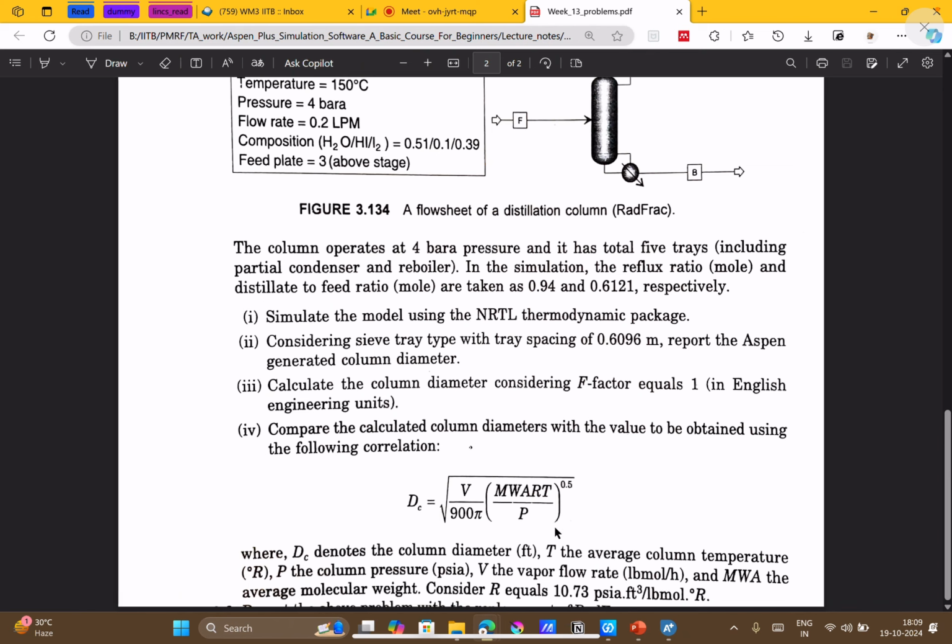It's a correlation to compute the diameter of a column, where TC is the diameter, T is the average temperature, P is the column pressure, V is the volumetric flow rate, and MWA is the average molecular weight, and the gas constant is also provided.